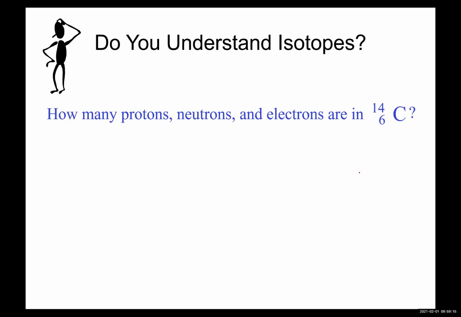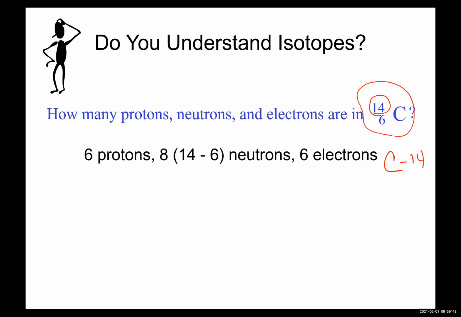So guys, if I ask you how many protons and neutrons are in carbon-14, by the way, we name different isotopes by their mass number. So this is called carbon-14. How many protons in carbon-14? Can I say 6 protons? How many electrons in carbon-14?